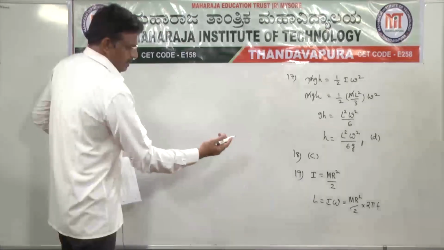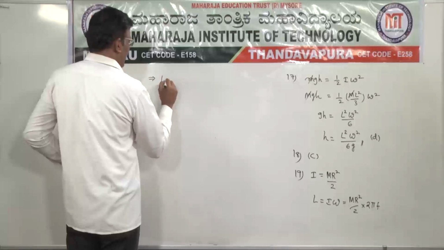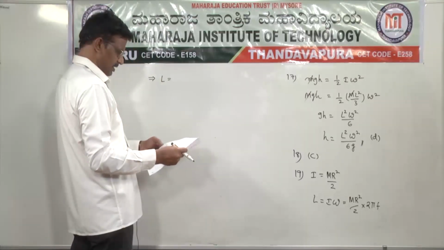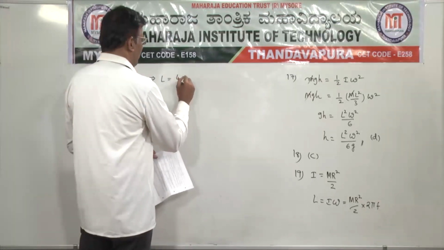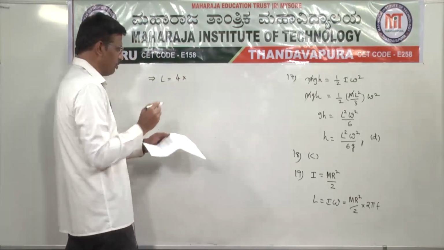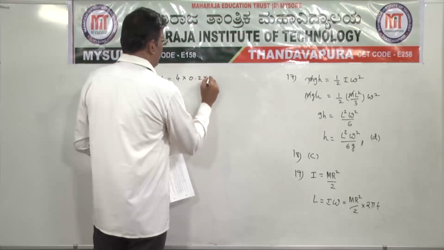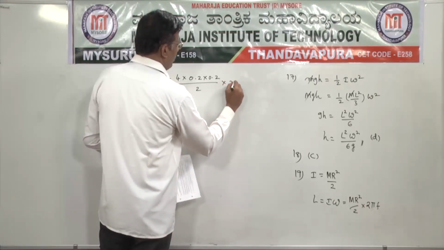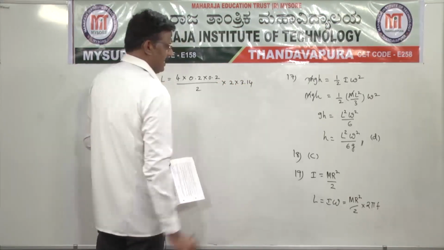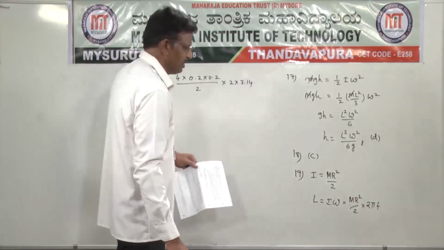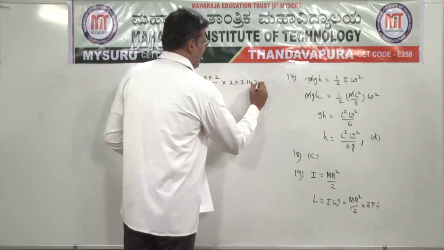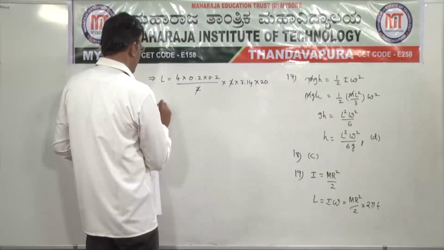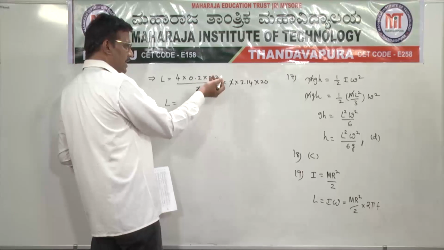So that implies L is equal to mass, which is given in question number 19, 4 into R, which is given 0.2, so 0.2 into 0.2, divided by 2, into 2 into pi, where we can take pi as 3.14 or 22 by 7, and F is given 20 in the question. So here 2 cancel, that implies L is 4 2s are 8, 8 2s are 16.